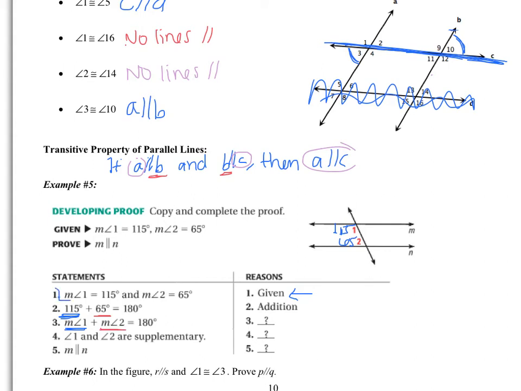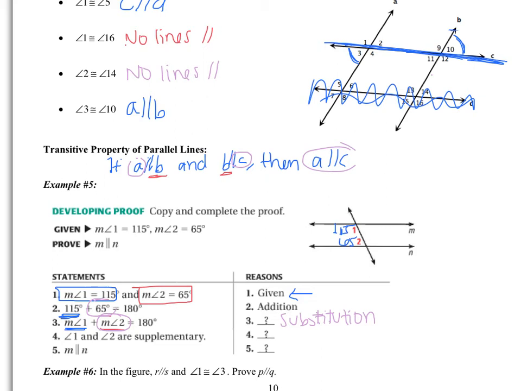Well, up here, I was told that the measure of angle 1 is 115, and that angle 2 equals 65. So what I did in this case is called substitution. Instead of 115, I wrote the measure of angle 1. Instead of 65, I wrote the measure of angle 2.